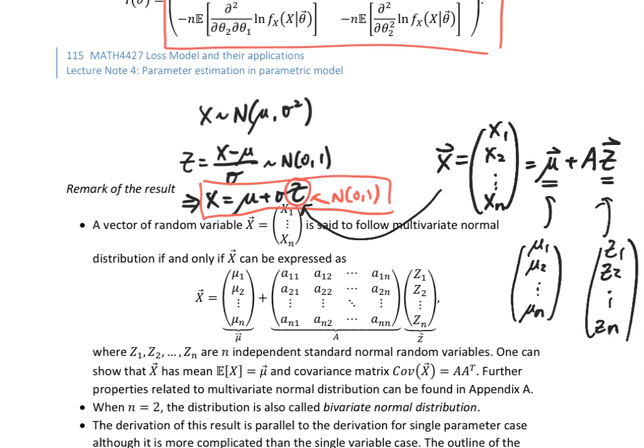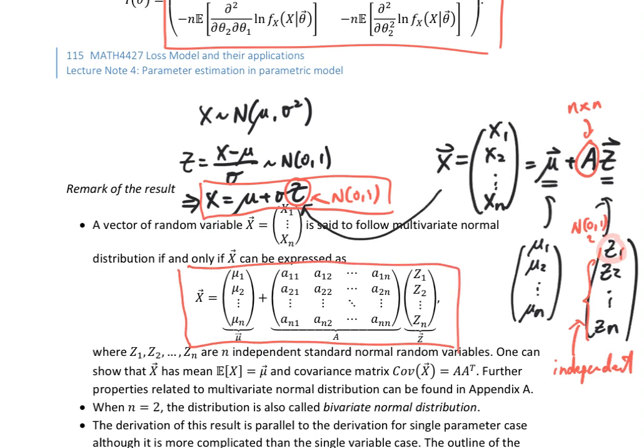Here each Zi is standard normal and independent. And here the A will be just an n times n matrix. So this is the definition of the multivariate normal distribution.